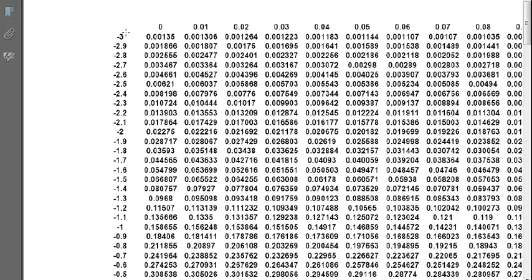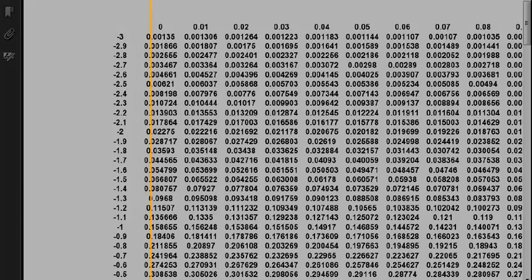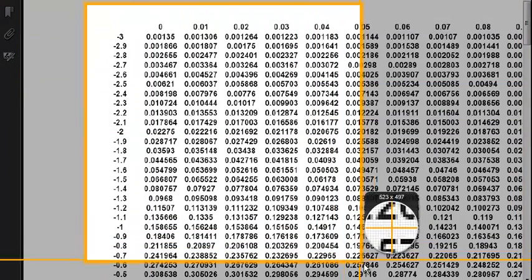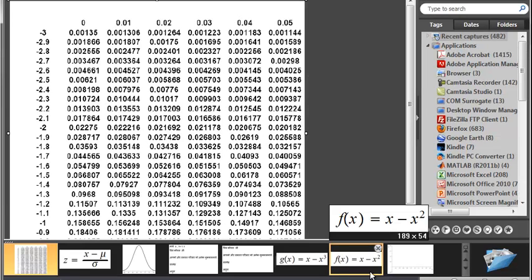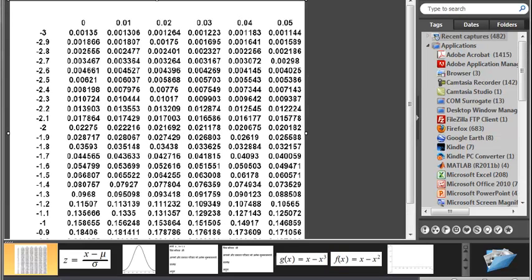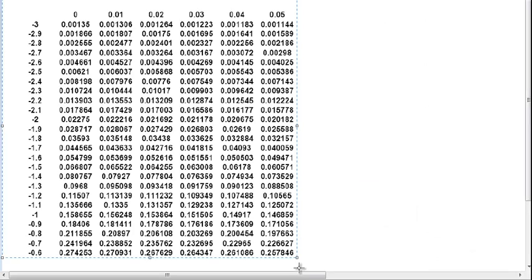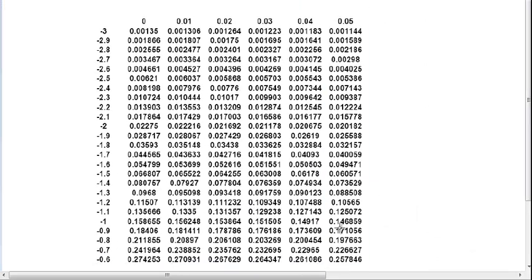These stand for z, this column and this row. Am I making sense? Okay. So remember, our point of interest here is z equals -1.11, right?